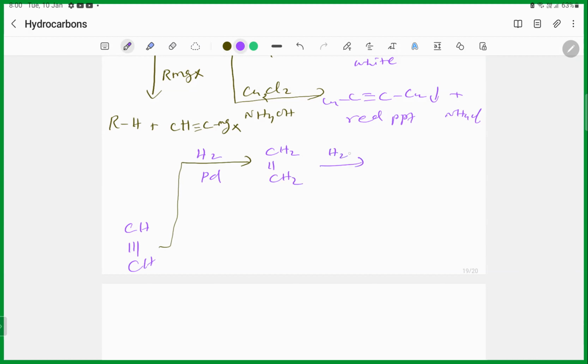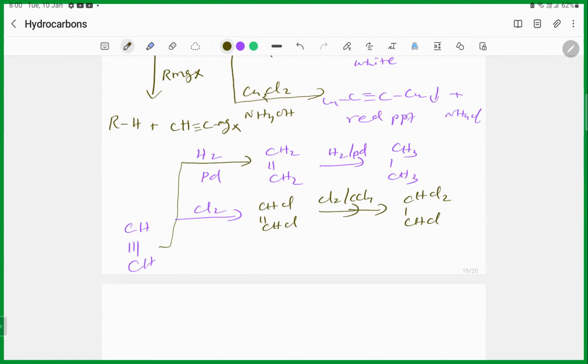Again with hydrogen and palladium, it will give CH3 CH3. Same way, doing it with chlorine, it will give CHCl double bond CHCl. Again the same Cl2 with CCl4, same reagent, then it will give CHCl2 CHCl2. So the vicinal halide you can prepare.